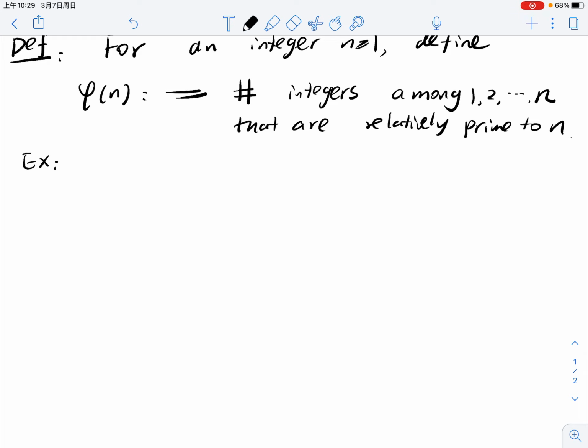It's a little bit abstract, but if you look at the example, it's very easy. For example, let's consider when n is 6. So how to compute phi 6? We first write down 6 numbers, 1, 2, up to 6, and then we delete all the integers containing a factor 2.